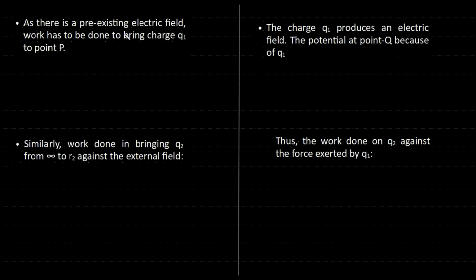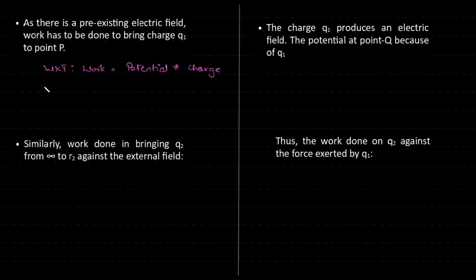So as there is a pre-existing electrical field, work has to be done to bring charge Q1 to point P. So we know that work over here is your potential at, in this case, P times, let me do the raw formula first, into charge.